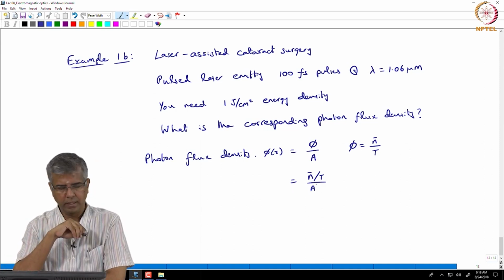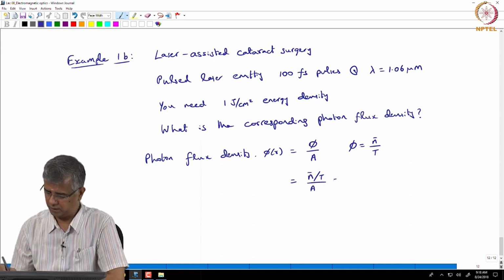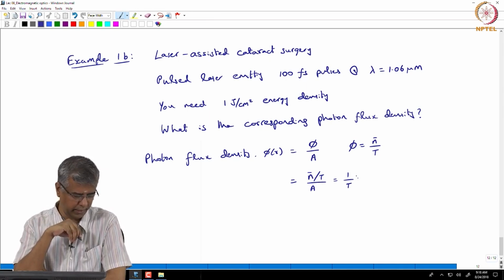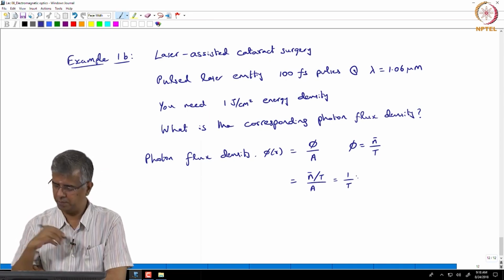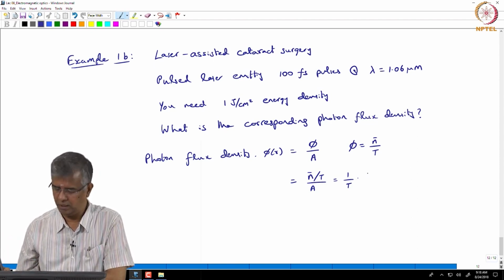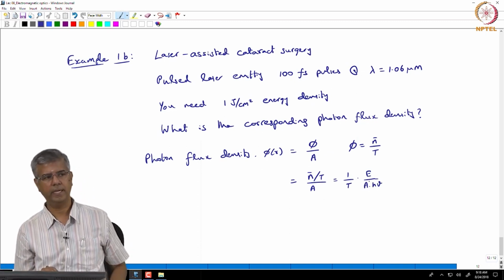But n bar over A, so I will keep 1 over T outside, right, and n bar is in other words basically E over h nu, right. So, you can write this as E over A times h nu, right.